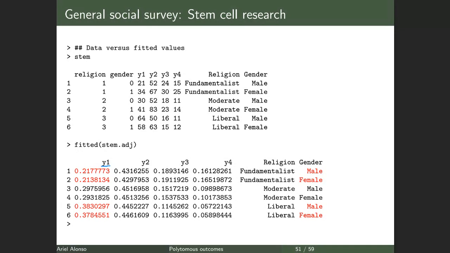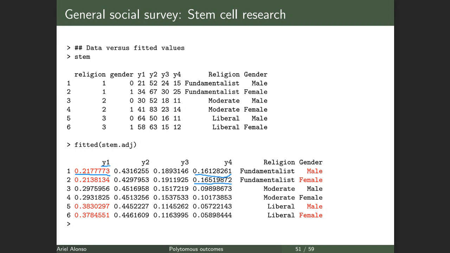And here, for instance, if you look at people that are fundamentalist, males and females, you see indeed that males tend to support funding stem cell research a little bit more than females. And you see that the probability that a male will say definitely not funding is smaller than the probability for a female.